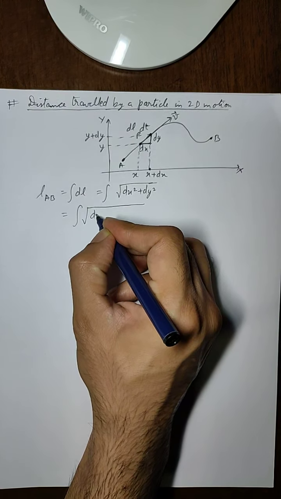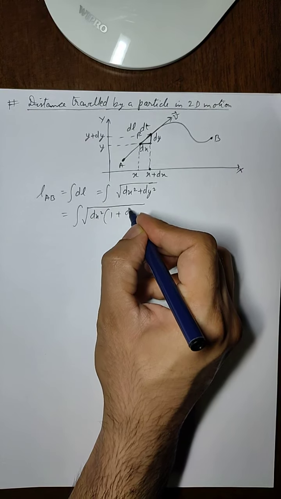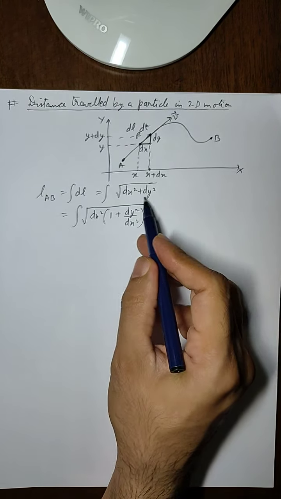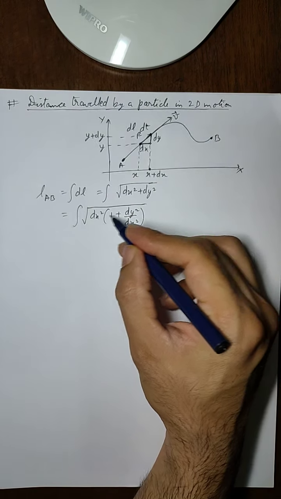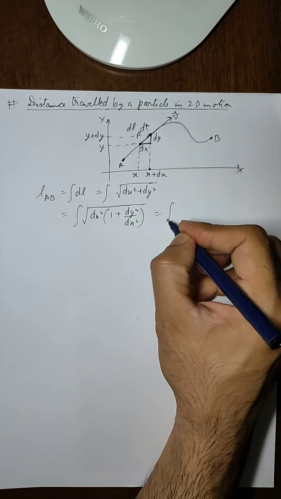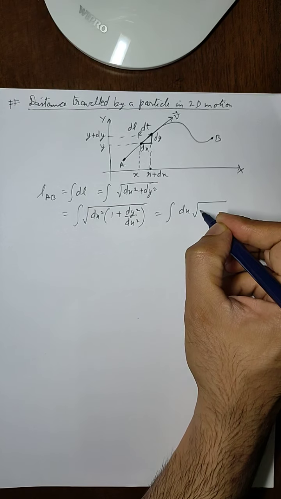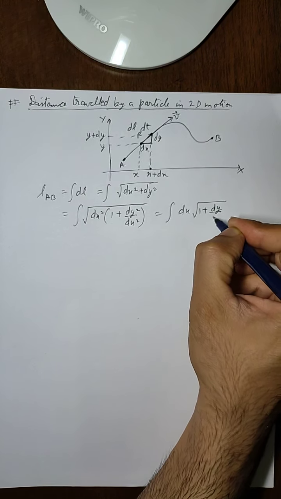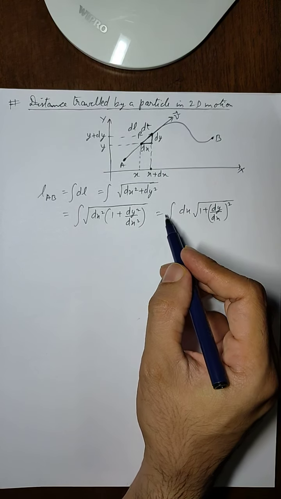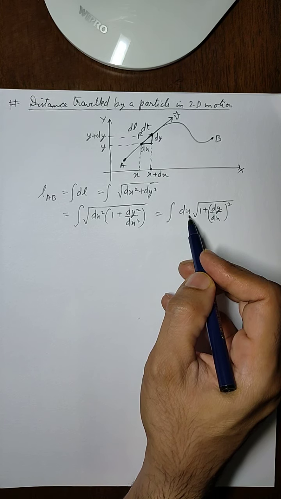Now we can take dx square common, then inside it will be 1 plus dy square upon dx square. If dx square is taken out of the root, then it will be dx times root of 1 plus (dy by dx) whole square. Now as you can see, the integration is happening with respect to x.